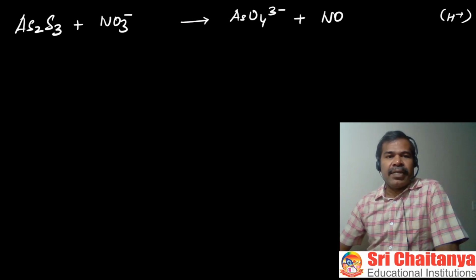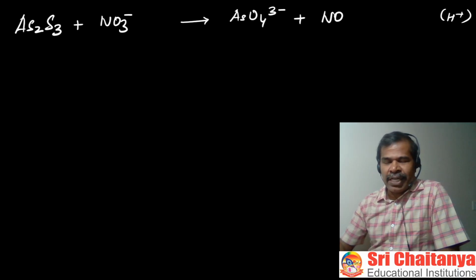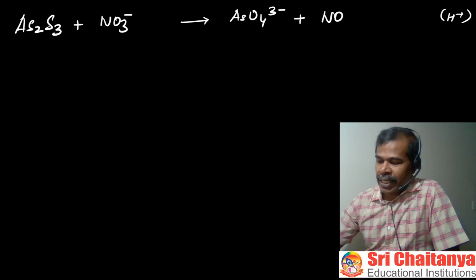Let's consider this particular reaction, As2S3 plus NO3 minus giving AsO4 3 minus plus NO. I just worked out the valency factor in this class itself for As2S3. I think we got it to be 28. I think I missed a product.